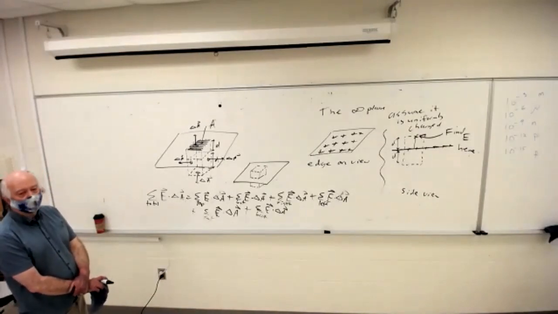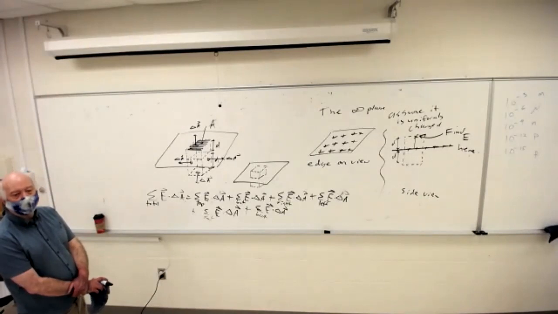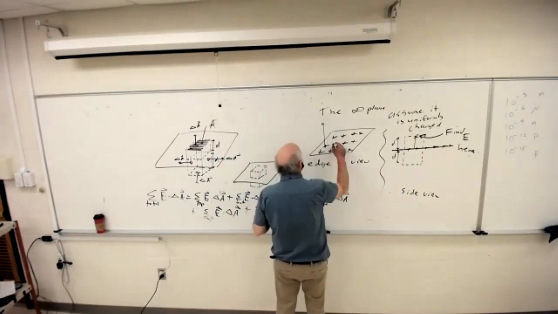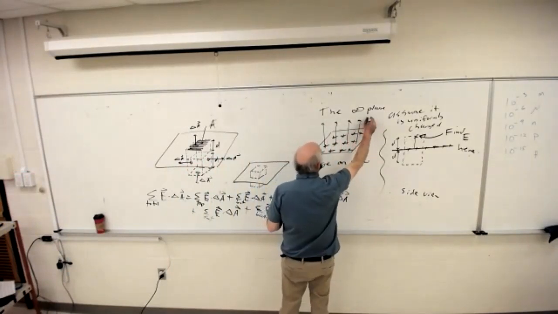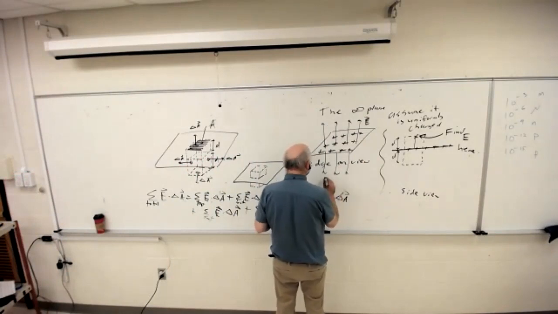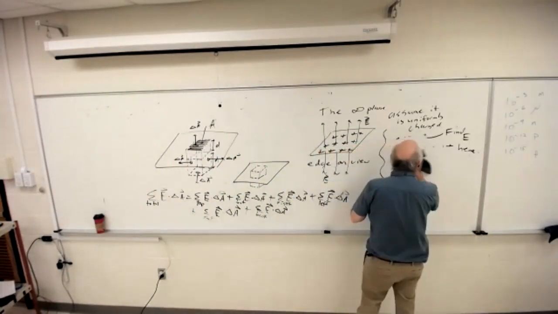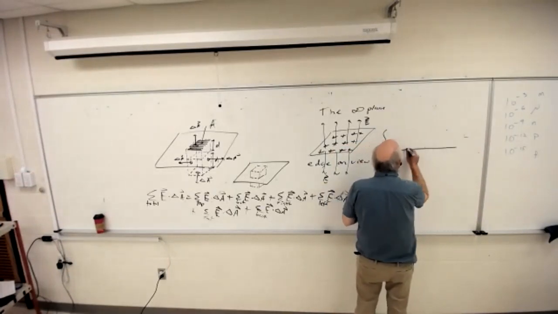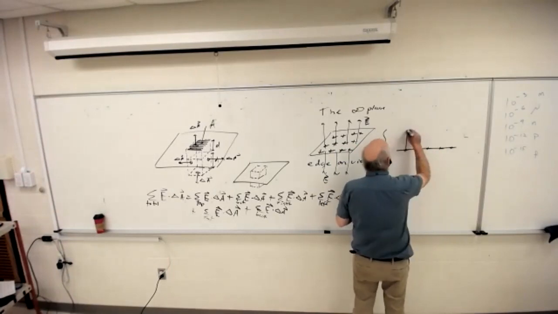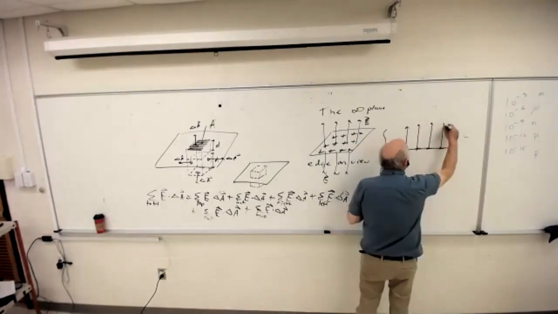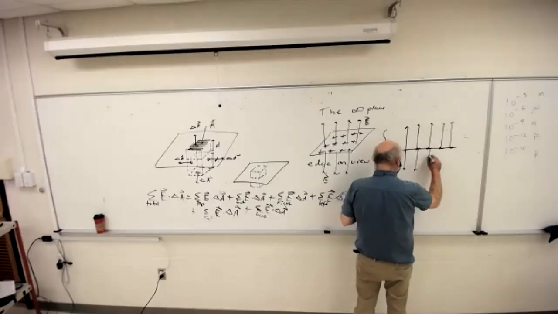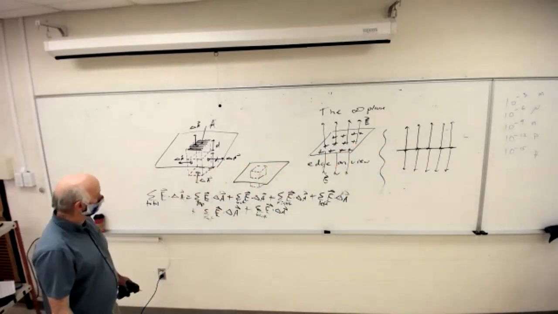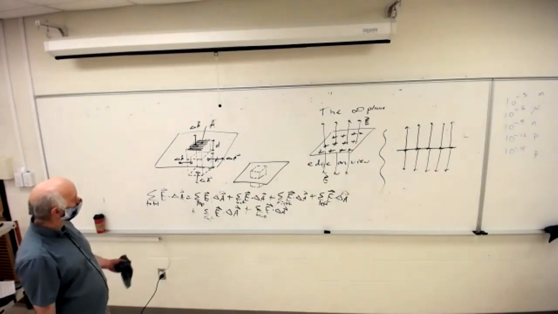Now, how does the electric field have to look for an infinite plane? Yeah, it's going to be going straight up and down. So the electric field for this is going to be something like this. That's what it looks like. So what would happen here then?